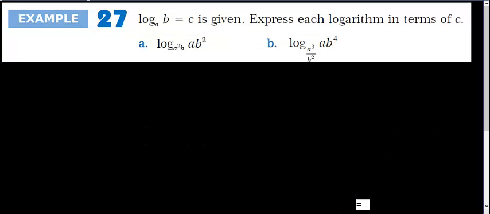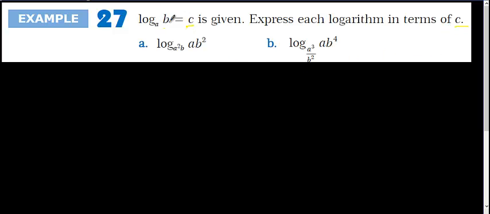Okay, here we are going to write each logarithm in terms of logarithm base c. Here logarithm base c means that we are going to choose the base a, pardon, because c is equal to logarithm base a of b. Express each logarithm in terms of c.